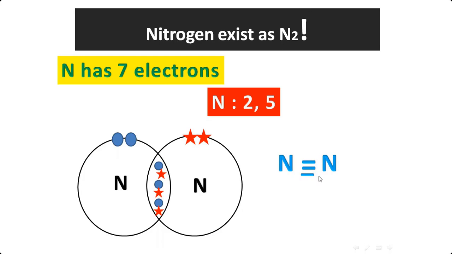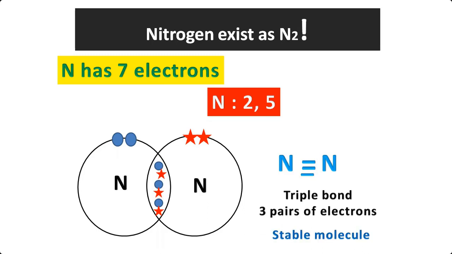But when we draw the formula, it looks like this, and here we have a triple bond. These bonds are very strong. So nitrogen exists in nature as a diatomic molecule. It has a triple bond, with 3 pairs of electrons shared, and it is a stable molecule.